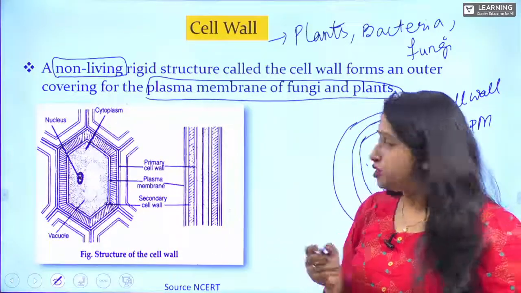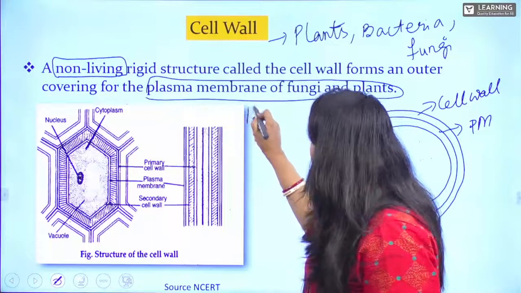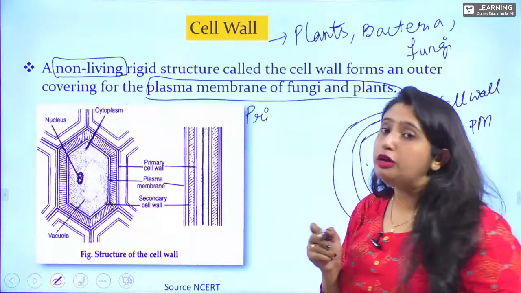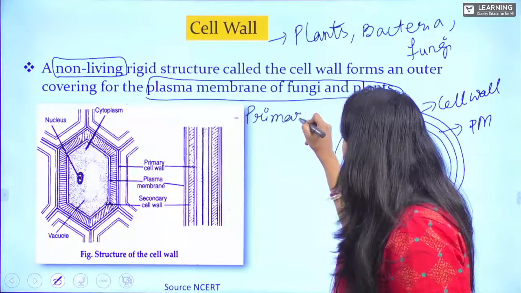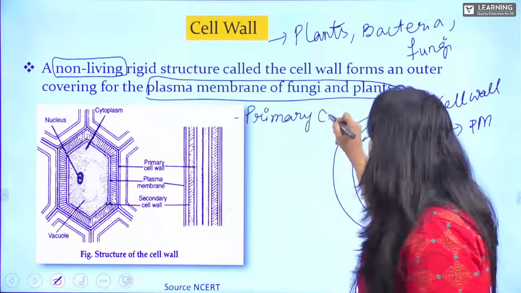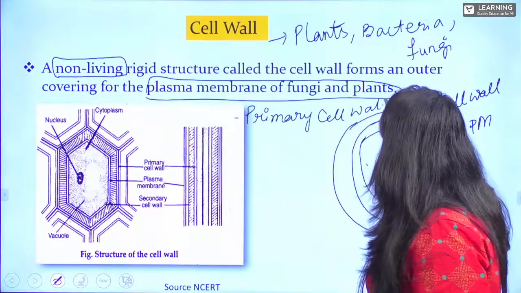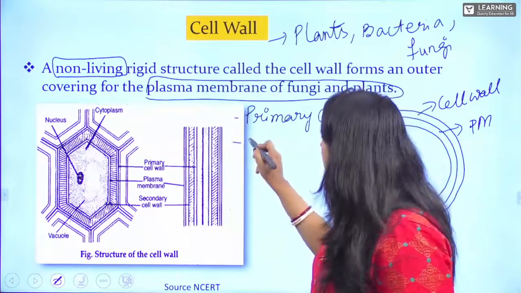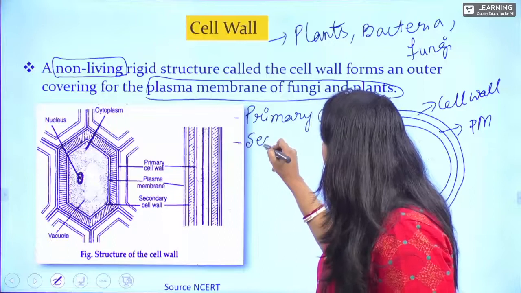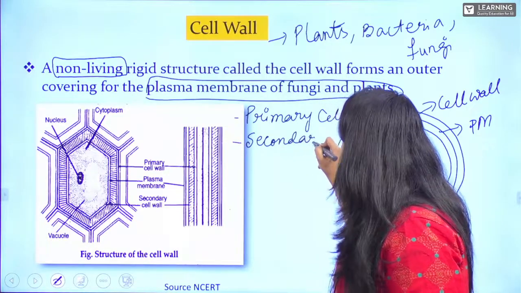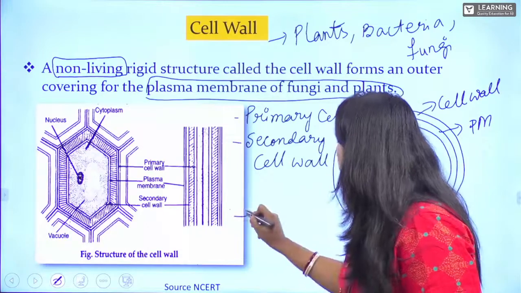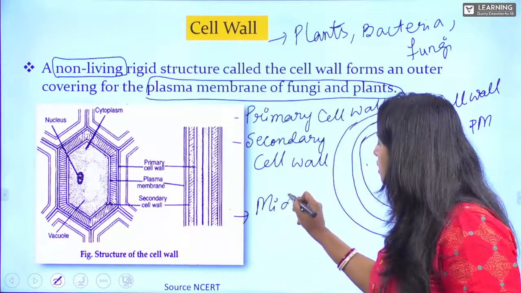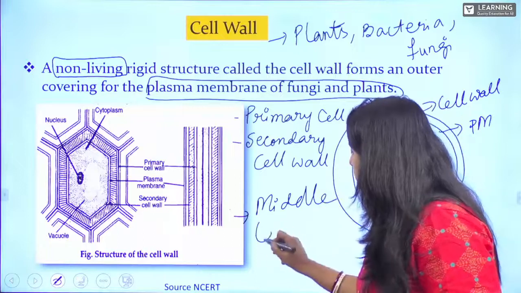In case of plants, we will basically see three things in the plant cell. It is made up of the primary cell wall, then the secondary cell wall, and the third one is the middle lamella.